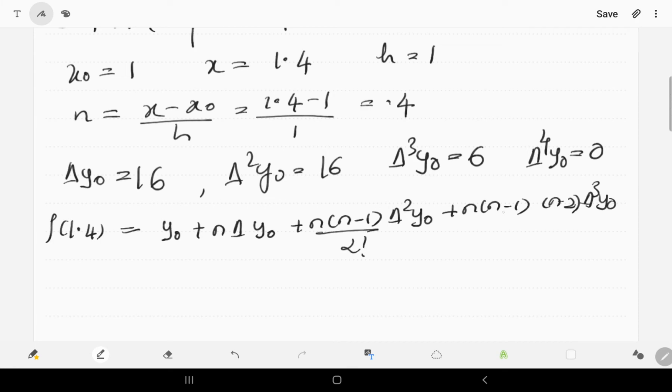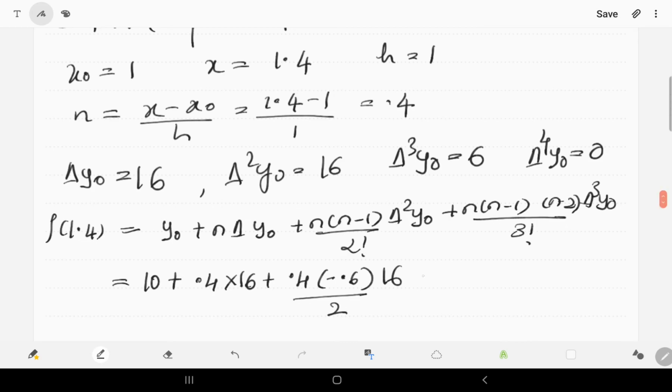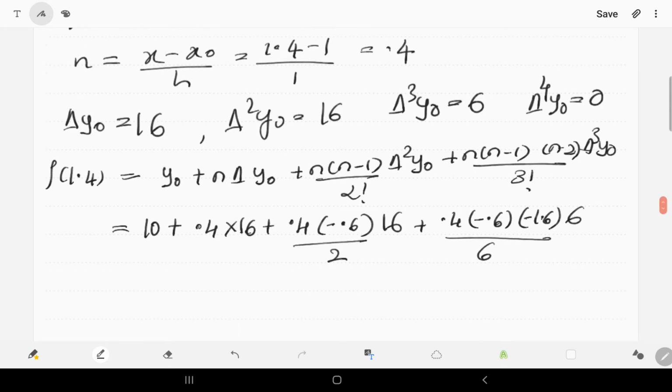So that is equal to y naught, which is 10, plus n is 0.4 into 16, plus 0.4 into 0.4 minus 1, that is minus 0.6, delta square y naught 16 by 2, plus again n into n minus 1 into n minus 2, that is 0.4 into minus 0.6 into minus 1.6 into 6 divided by 6, 3 factorial is 6.